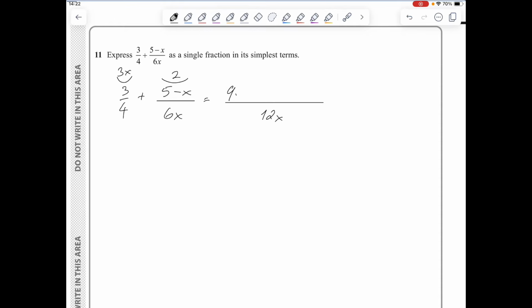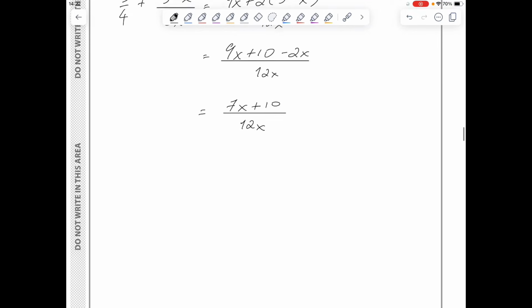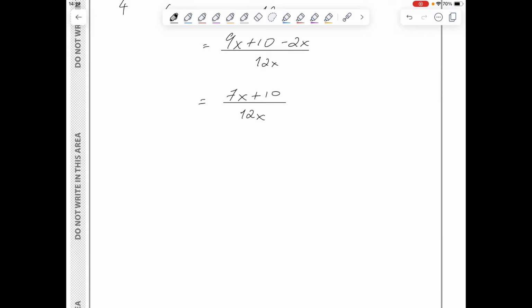So this gives me 9x plus 2 times 5 minus x. Let's expand: 9x plus 10 minus 2x all over the common denominator. Let's simplify: 7x plus 10 over 12x. And there's nothing else to simplify. So this is my final answer.